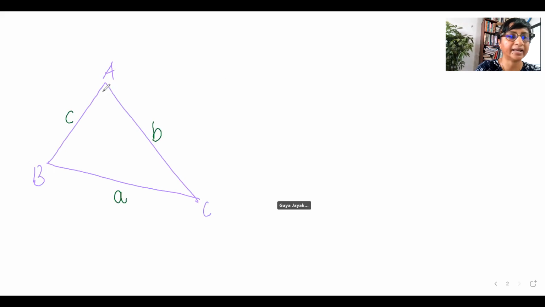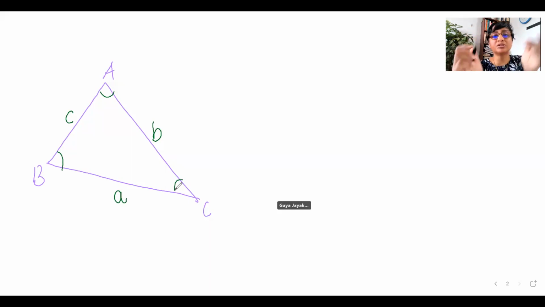So this is angle A, this is angle B, this is angle C. You take a side and an angle in pairs. Yugala vidiyata ganna. You take any side, for example, side C and the angle capital C in front of it. Sammukha kone, right? Side and an angle, side and an angle. So there are three pairs like that: side C and angle C, side B and angle B, side A and angle A.